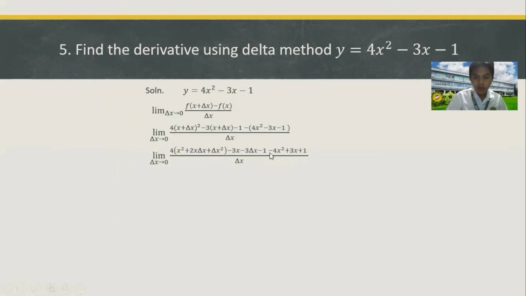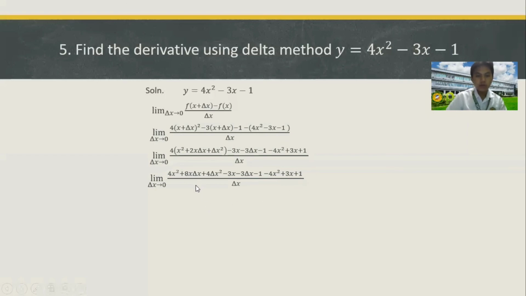So we have negative 4x squared plus 3x plus 1 over delta x. And then we will multiply the 4 to its components. So we have 4x squared plus 8x delta x plus 4 delta x squared minus 3x minus 3 delta x minus 1 minus 4x squared plus 3x plus 1.